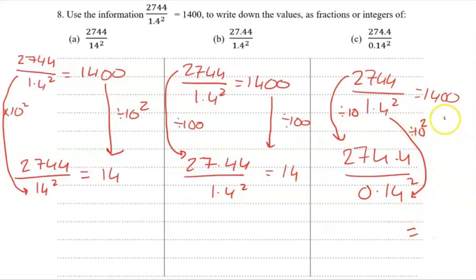So our answer is being divided by 10, and because we're dealing with the denominator here, the divisor, this divide and this divide essentially make times. So times 10 squared. So 10 squared is the same as 100. So if I divide it by 10, I get 140. Times it by 100. Just put 2 zeros at the end.